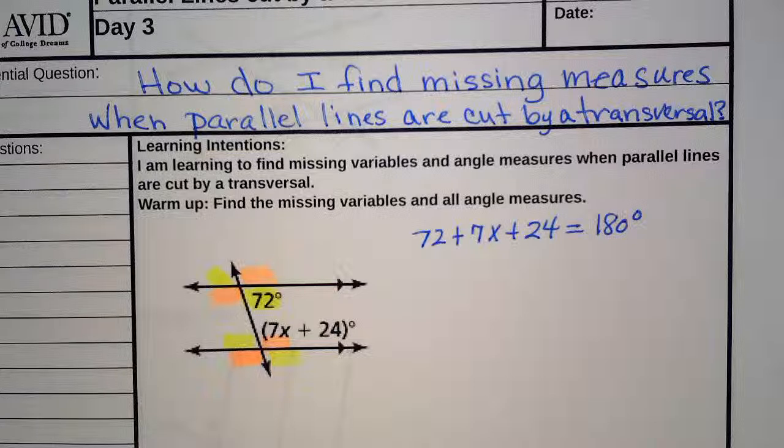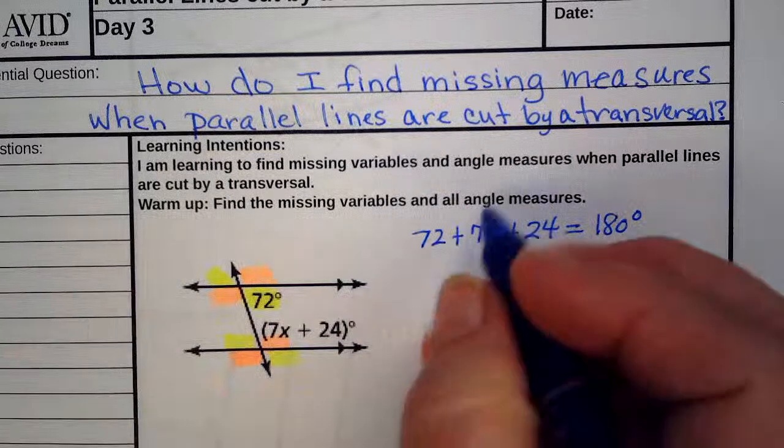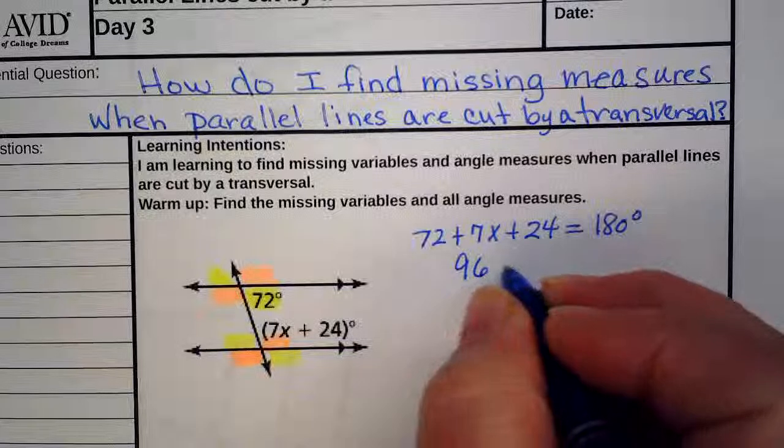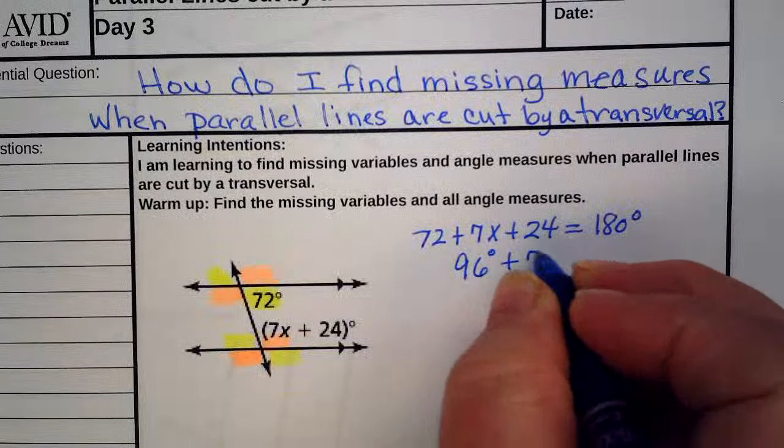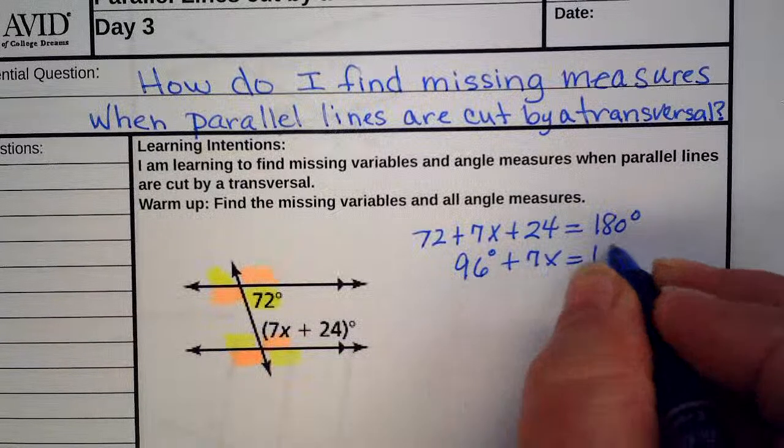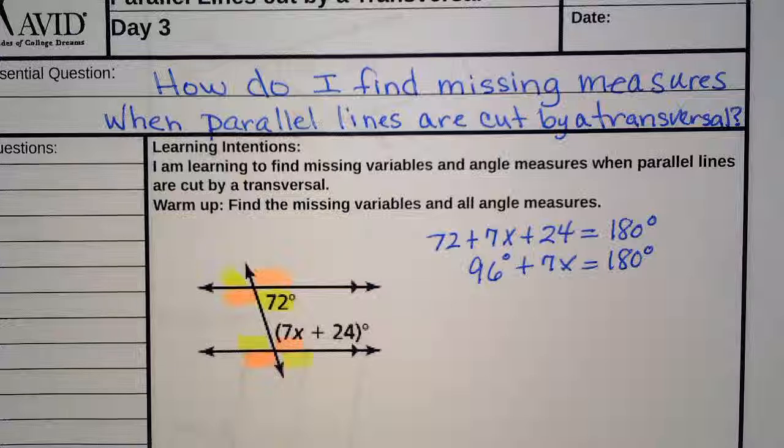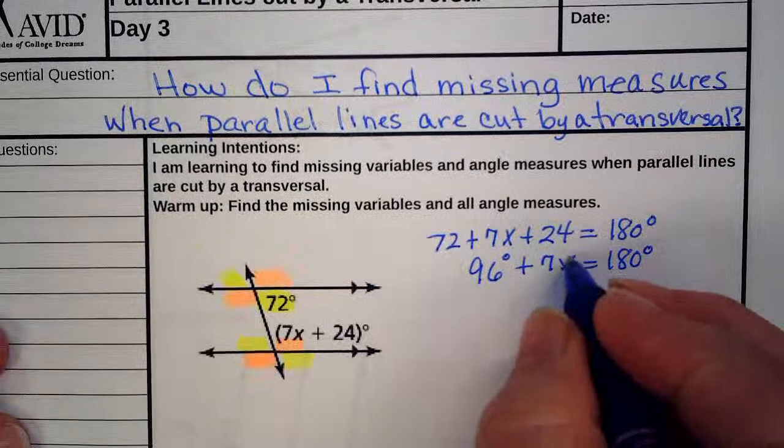Combine your like terms. 72 plus 24 will be 96. 96 degrees plus 7x is equal to 180 degrees. It's time to solve now.